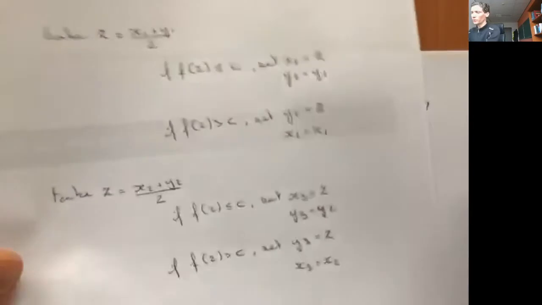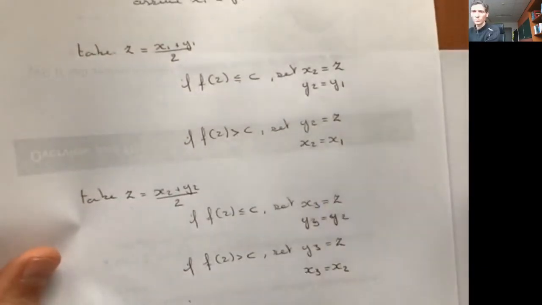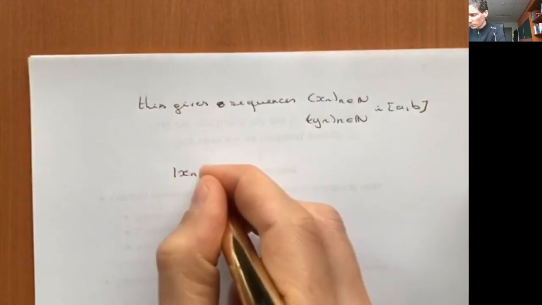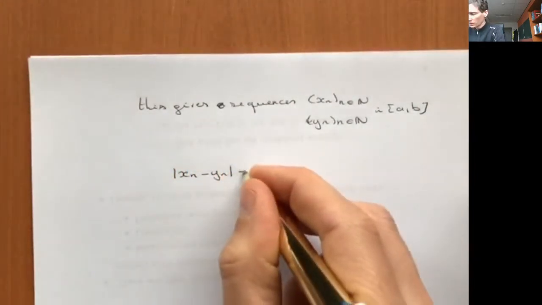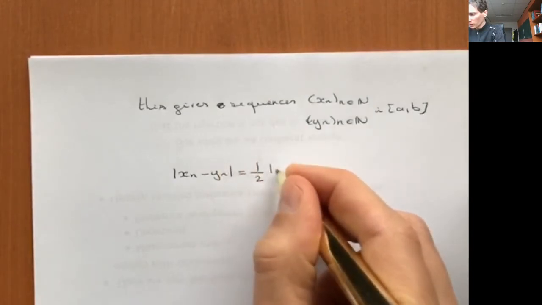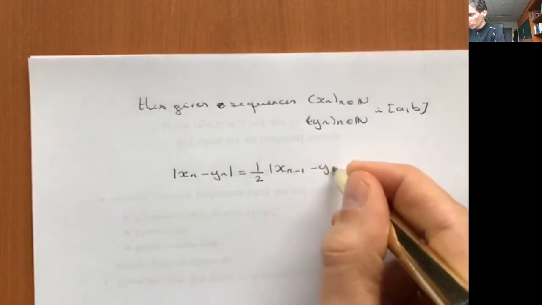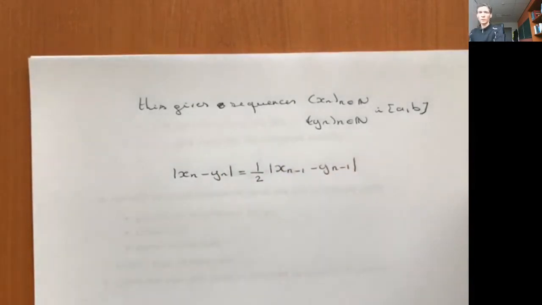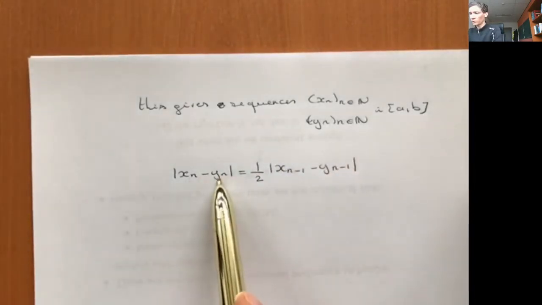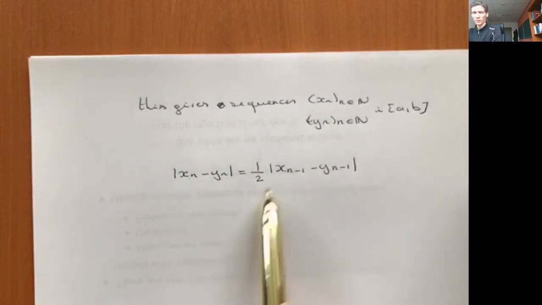Well, each time you update, you're going to update one of the two values to the midpoint of the previous interval. So in general, if we look at the distance between xn and yn, then this will be equal to 1/2 the distance between xn minus 1 and yn minus 1. You update either xn or yn to the midpoint of this interval, so the distance will be 1/2 of the old interval.